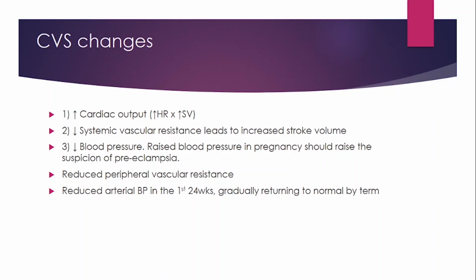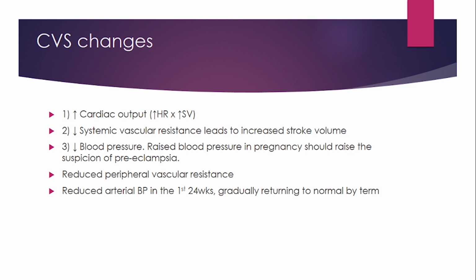What are the changes that take place in the cardiovascular system? In the cardiovascular system, we have an increase in cardiac output, which is a product of increase in heart rate and the increase in stroke volume. This causes a decrease in systemic vascular resistance. And we also have a decrease in blood pressure in normal pregnancy.